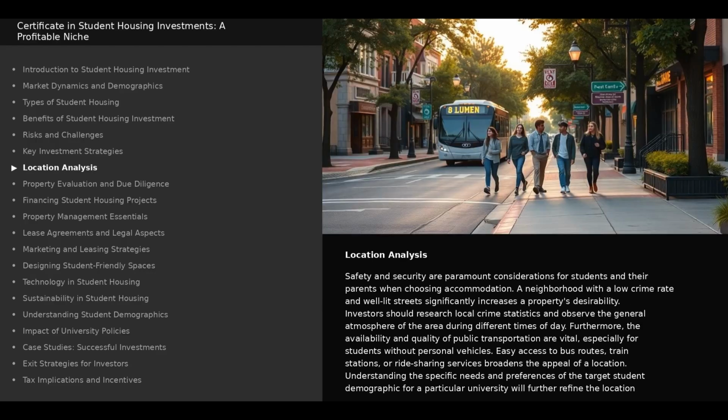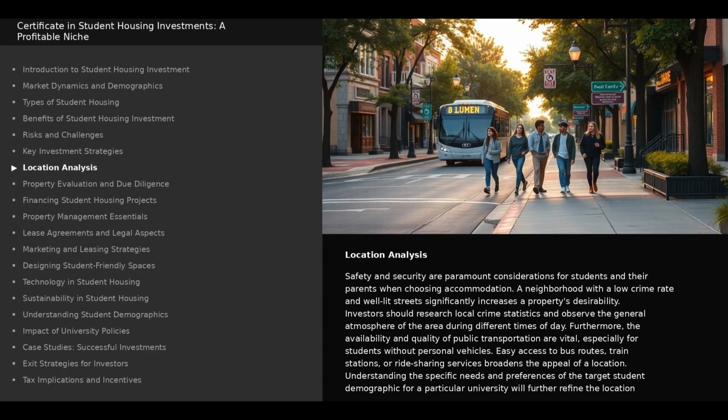Safety and security are paramount considerations for students and their parents when choosing accommodation. A neighborhood with a low crime rate and well-lit streets significantly increases a property's desirability. Investors should research local crime statistics and observe the general atmosphere of the area during different times of day.